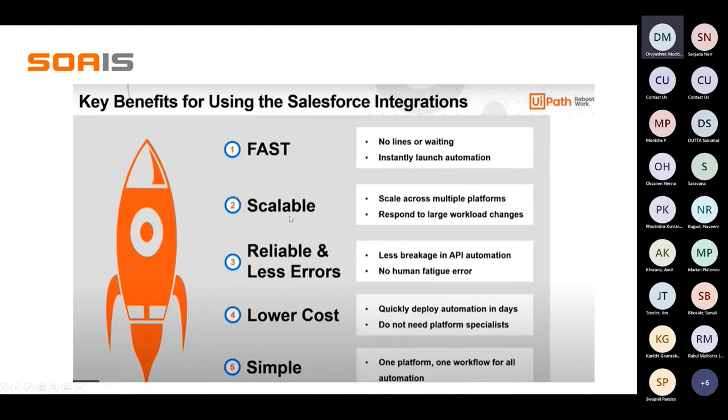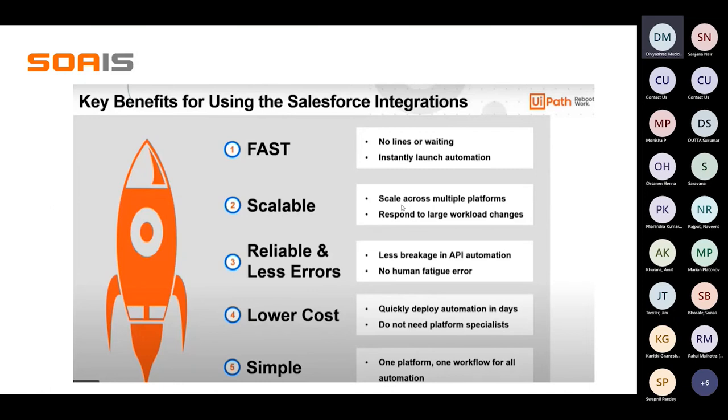And then it is scalable. It scales across multiple platforms and responds to large workload changes. When we are doing UI automation, we have to go one by one. Let's consider we have 100 or 150 transactions to be done; with UI automation we have to do them one by one.